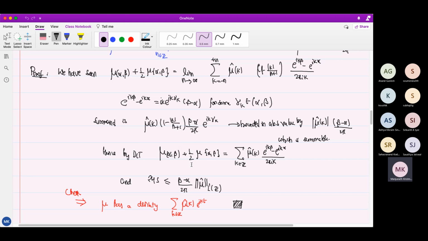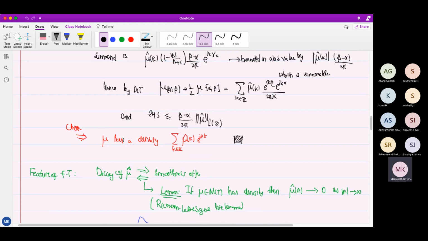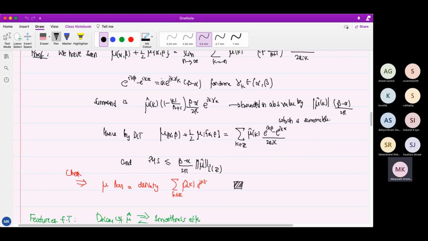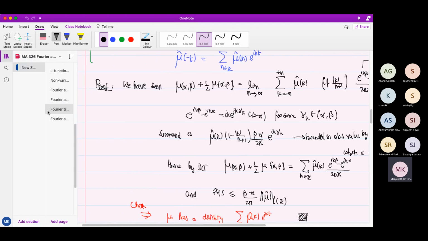Already I got this by applying DCT. Here also I left it as check. Check that mu has this density. You just check that its integral will give you this. Okay, so I got this also, that this quantity is bounded by b minus a times the L1 norm of mu hat. That is what I got here.